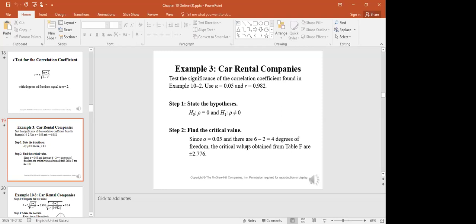The degree of freedom is 4. We are using a two-tailed test here. So the critical values are plus or minus 2.776, with alpha equals 0.05 and degree of freedom of 4.